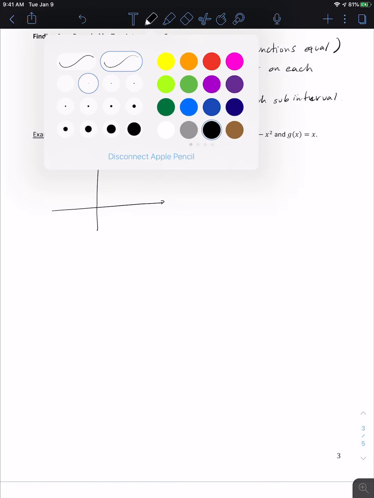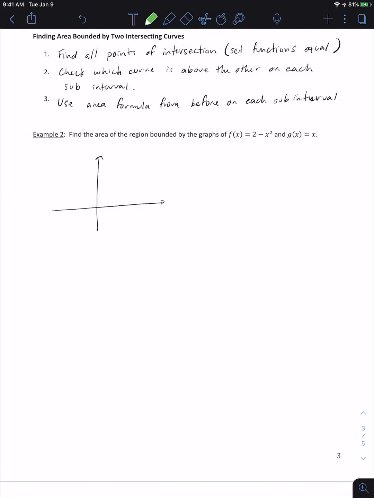the graph of x first, just because I know it's going to make it easier to draw. So the graph of g of x equals x, right? That's a line with slope 1 and y-intercept 0. So that's this line right here. That's the graph of g of x equals x.